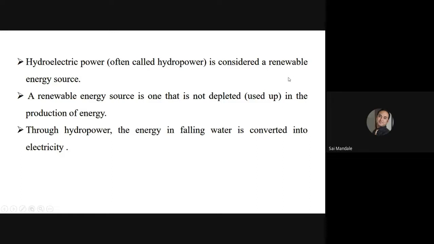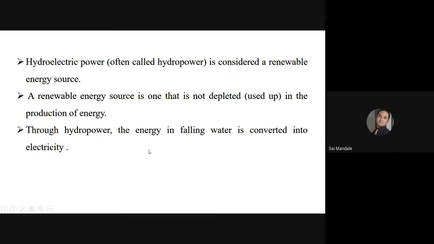Water is again a renewable source of energy. Till the rain is there, till the water is there, till we have the storage of water, we can run the hydroelectric power plant for a long period of time. A renewable energy source is one that is not depleted with use. So the production of energy continues as long as the water is there.